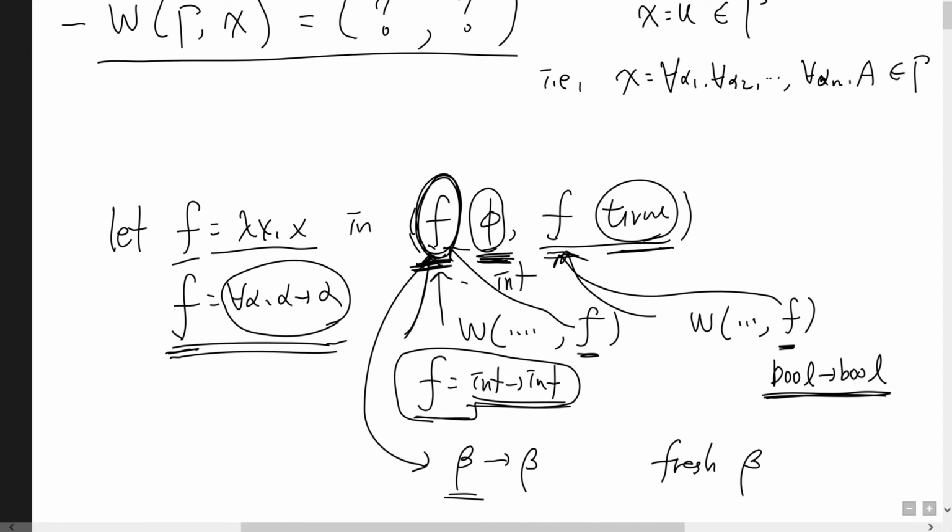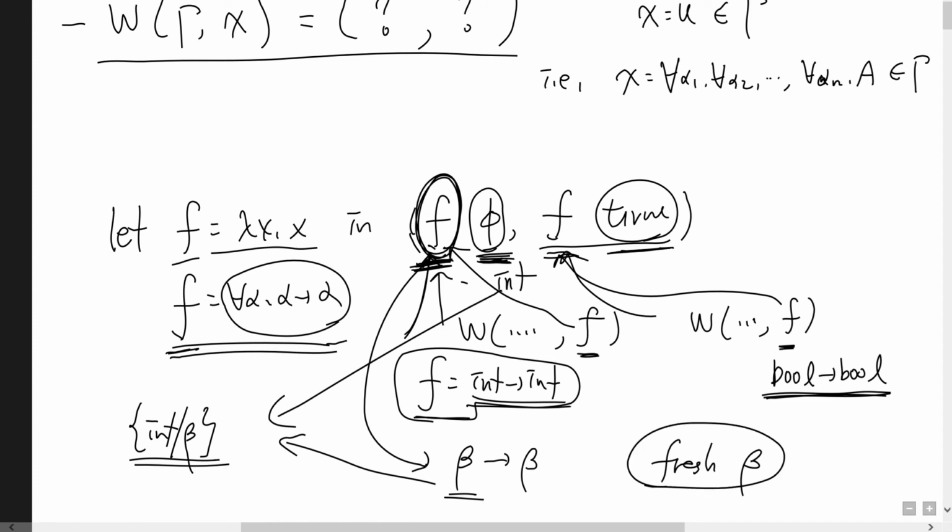And later, we will perhaps generate this substitution int for beta. So it is safe to introduce a fresh type variable beta and assign beta arrow beta to this function f. So that's the basic idea.